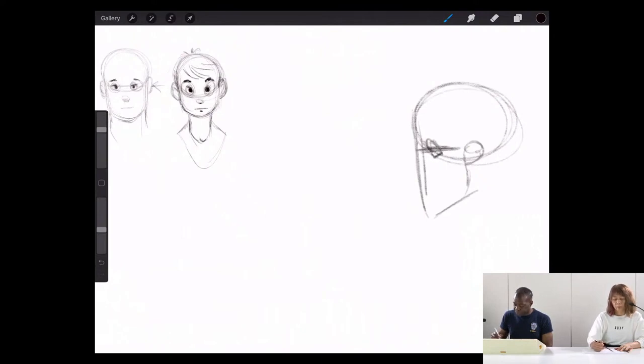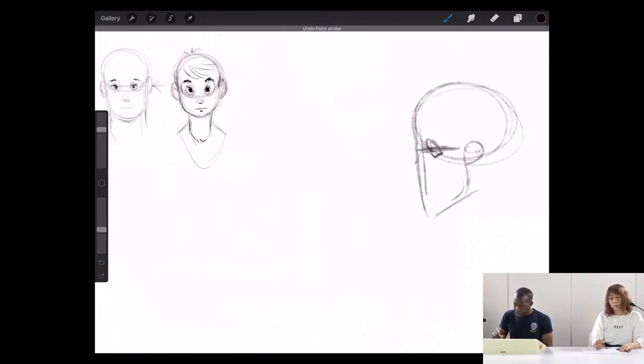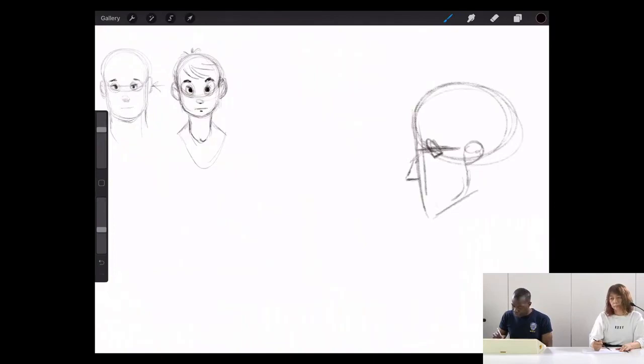The nose is quite developed. The chin and jaw are also quite developed here as well.